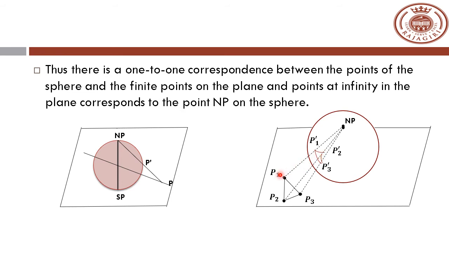Therefore, the image of P1 is P1 dash on the surface of the sphere. Similarly, the points P2 and P3 can be embedded on the sphere as the points P2 dash and P3 dash by drawing lines from the points to the North Pole, and hence you can embed a figure. This figure is a triangle on the surface of the sphere.